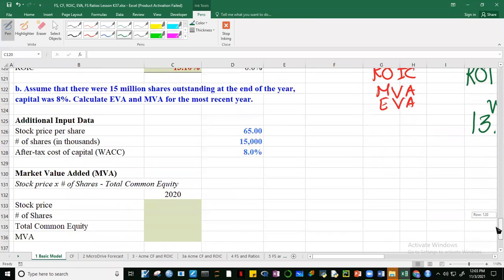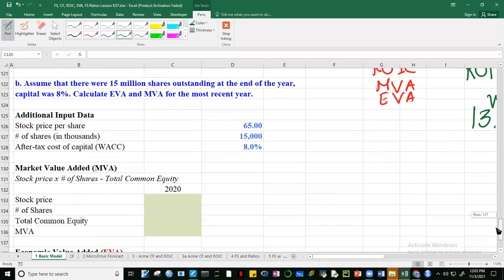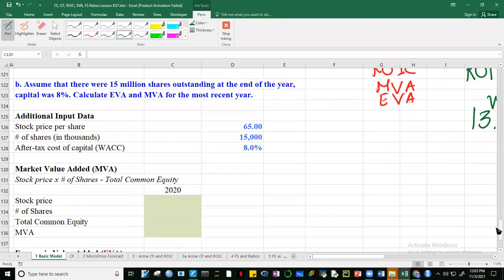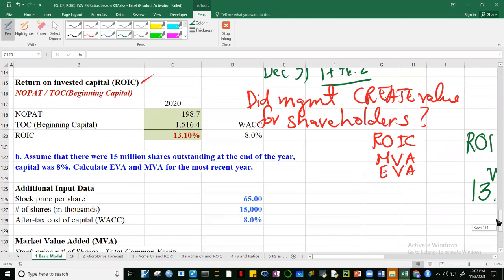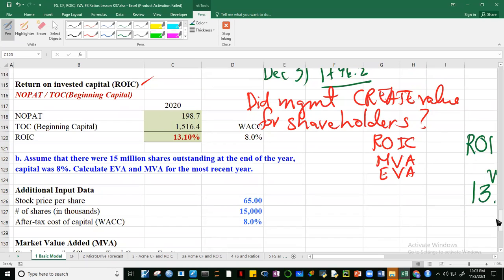Any questions so far, guys? Please chat if the discussion on return on invested capital is clear so far. When we assess the return on invested capital, we always compare it with the weighted average cost of capital. Is it clear so far? Please chat yes or no, guys.